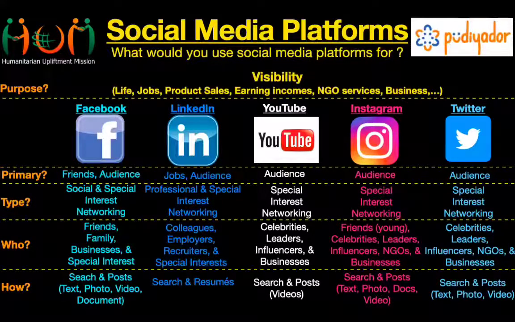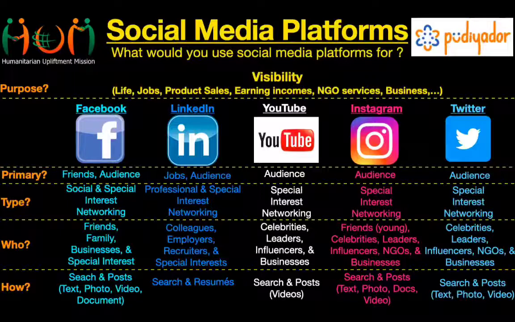Now, what kind of type of networking is it? Facebook definitely starts off as a social networking platform, but Facebook has grown and now it's also about special interest networking. What is that? For example, HUM is an NGO, Pudiodor is an NGO. So NGO to NGO networking you can do as special interest networking.